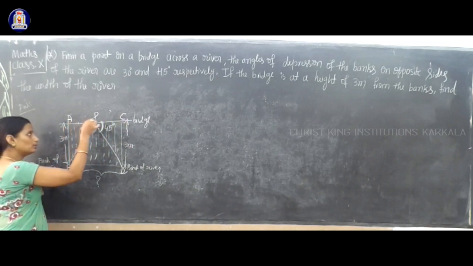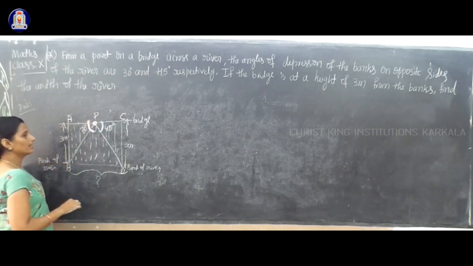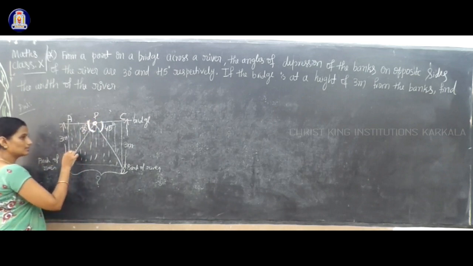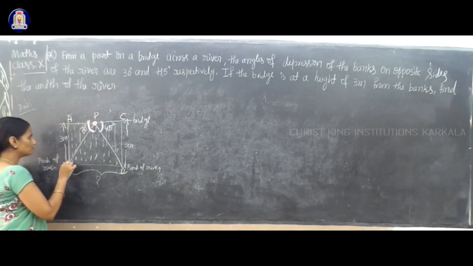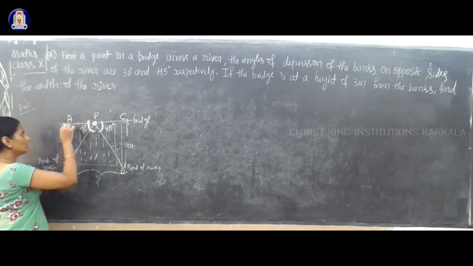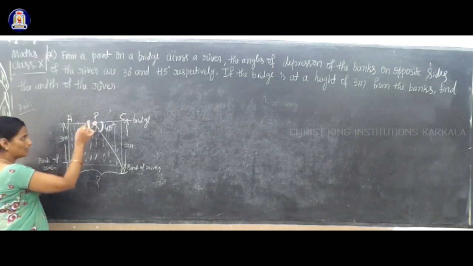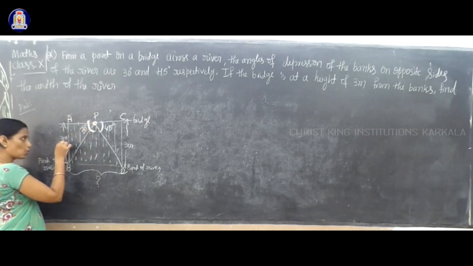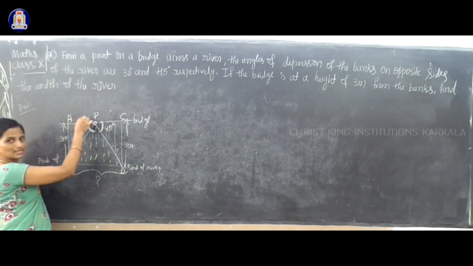How do we find AP? Consider the triangle BAP. This angle is 30 degrees, so this is the opposite side and this is the adjacent side.